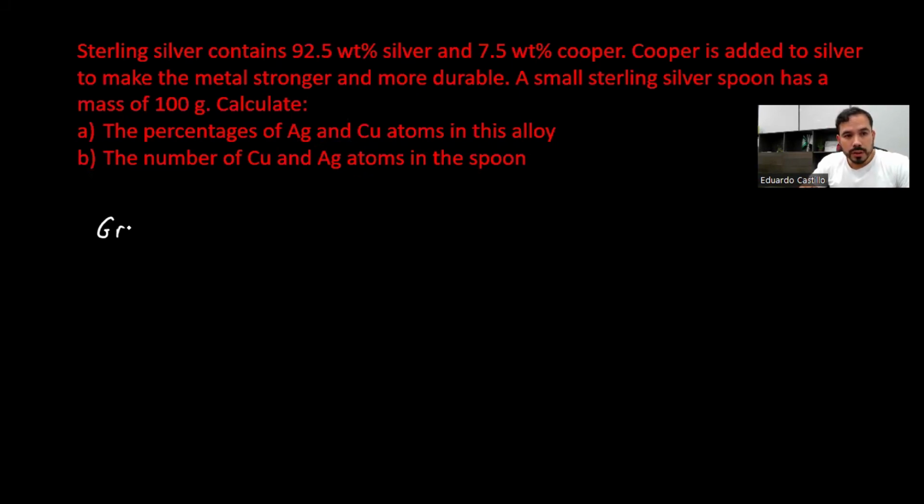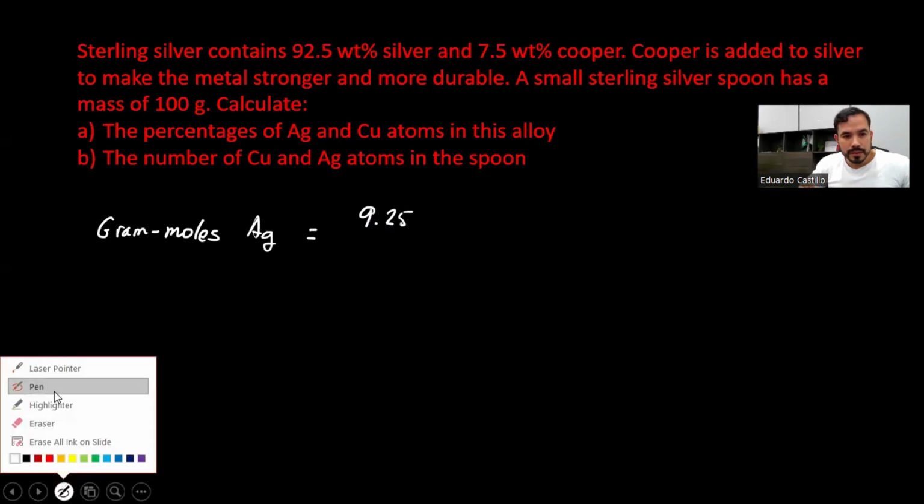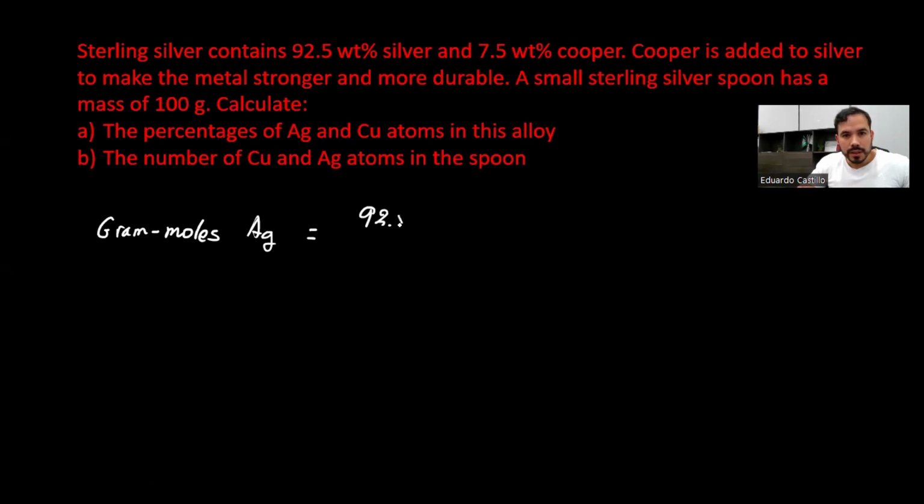We want to know first the gram moles of silver, and this will be equal to the 92.5 grams of silver over the atomic weight, which is 107.9 grams per mole.